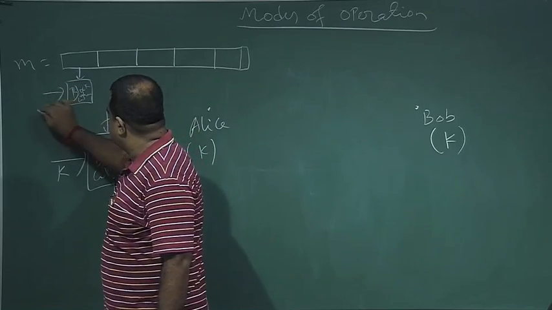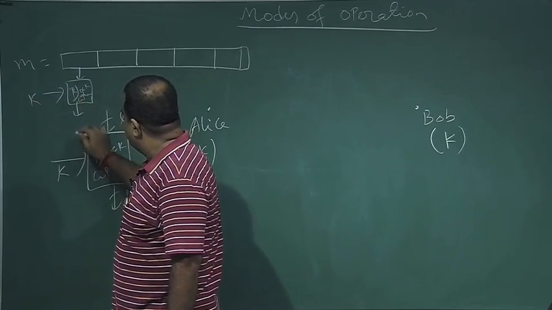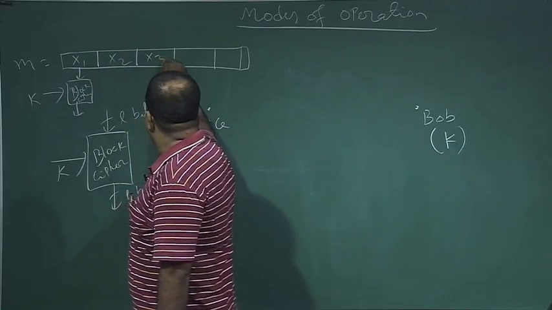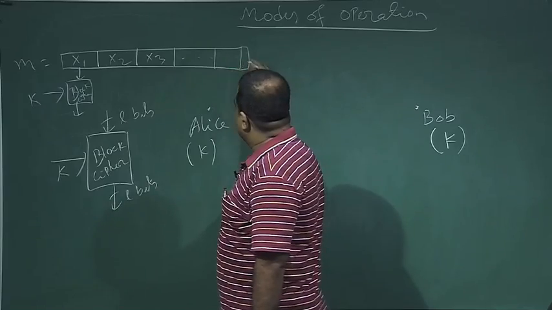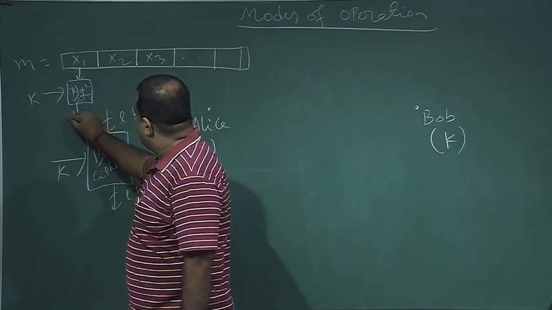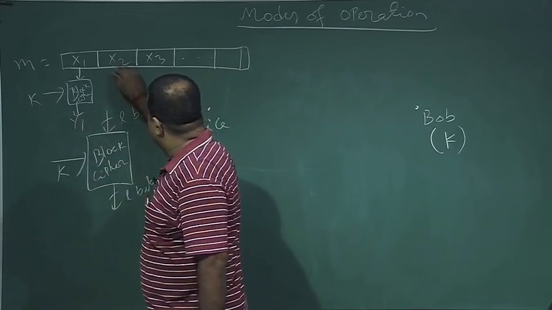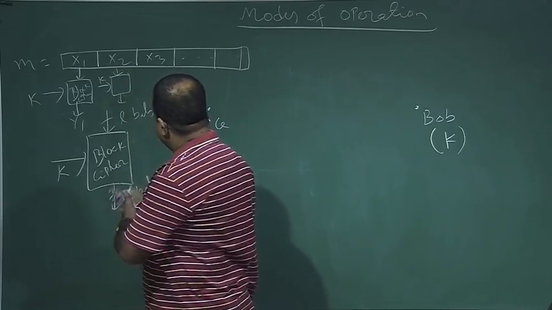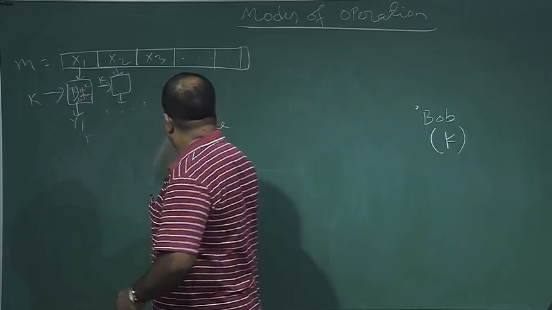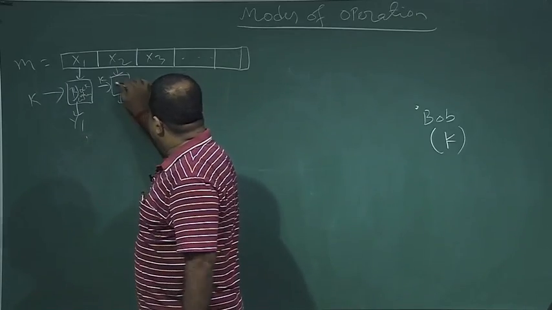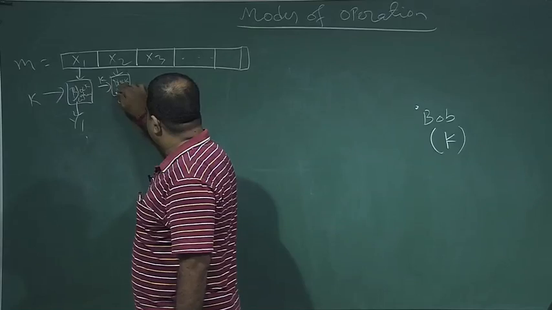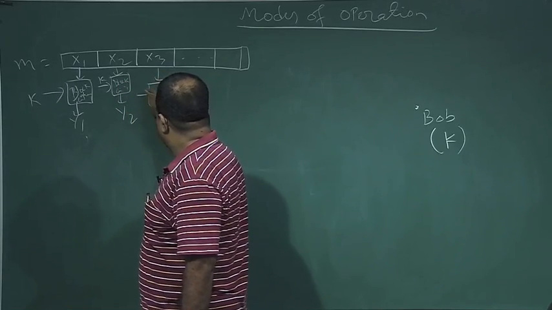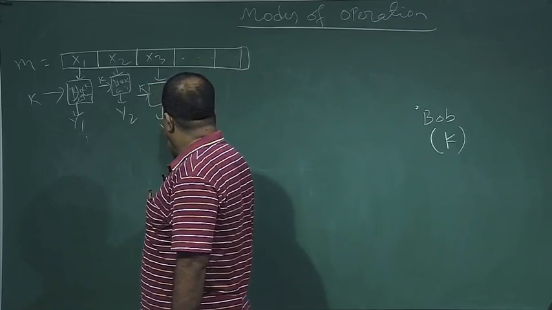We use our block cipher with the key K. So, this is say x1, x2, x3 and so on. This gives y1. On this also we use the same key K, the same block cipher, and this is y2, and with K, this is y3.